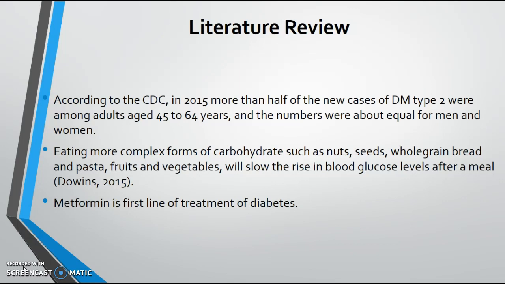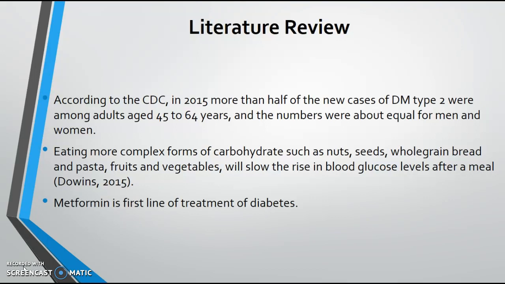Literature review. According to CDC, in 2015, more than half of the new cases of diabetes were among adults aged 45 to 64, and the numbers were about equal for men and women.